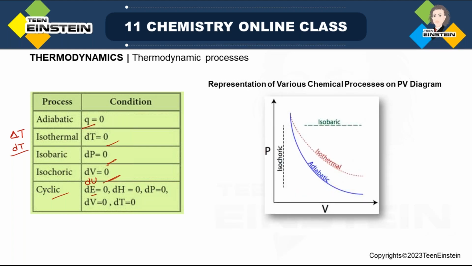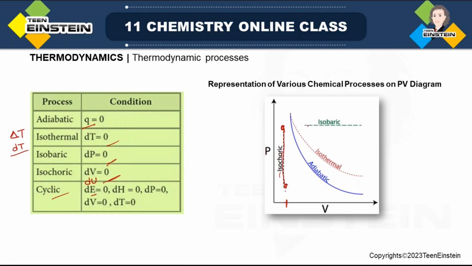So another representation in the PV curve: isochoric, see, this is parallel to the y-axis, and it has to be, because there is no change in volume. So here also, if you draw a line on the x-axis, this is the volume, here also the same volume.